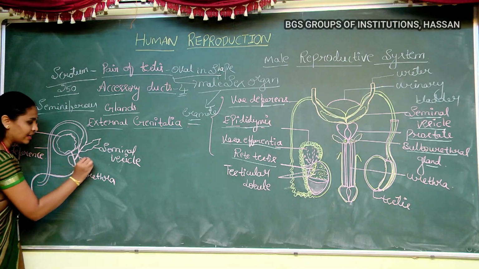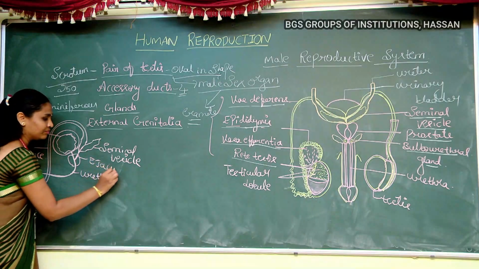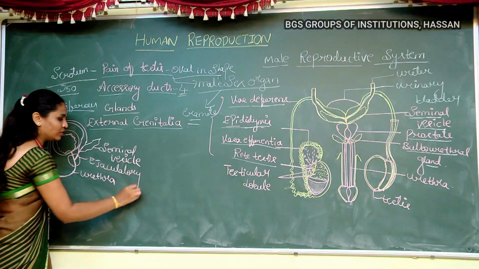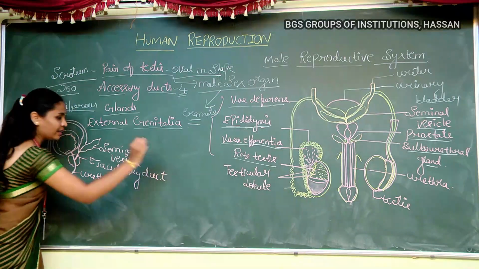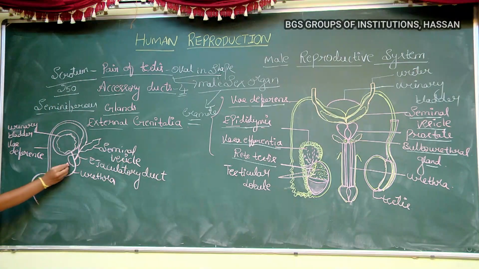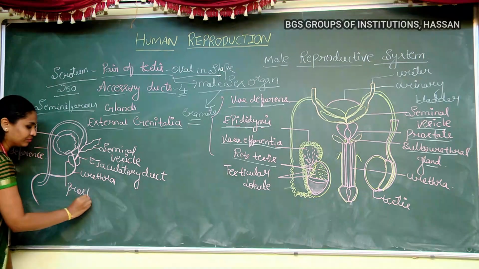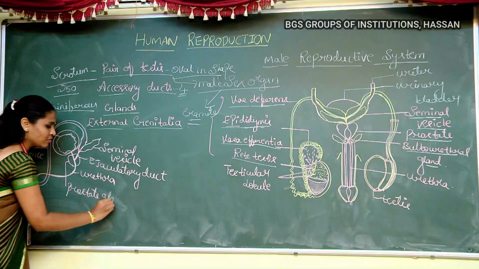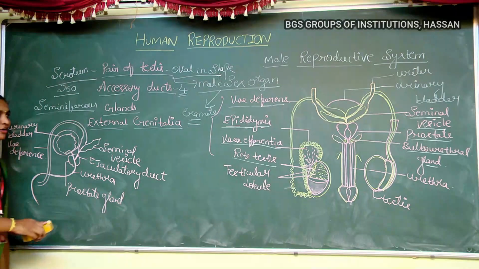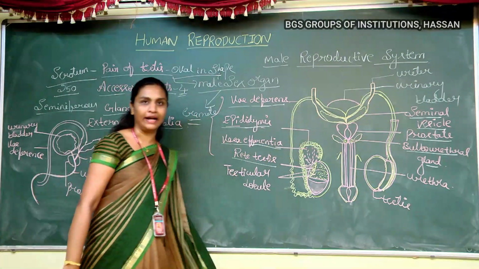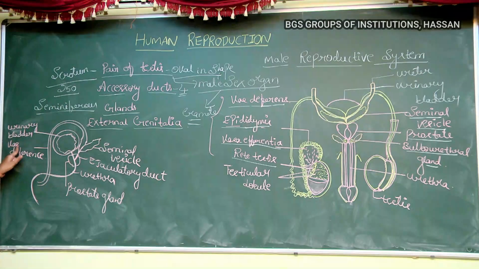This is the ejaculatory duct, and here it's a prostate gland. I already mentioned here, it's an accessory gland. See the vas deferens.